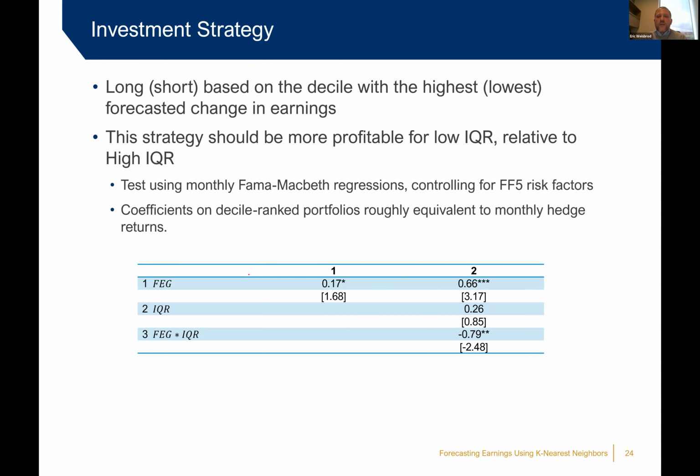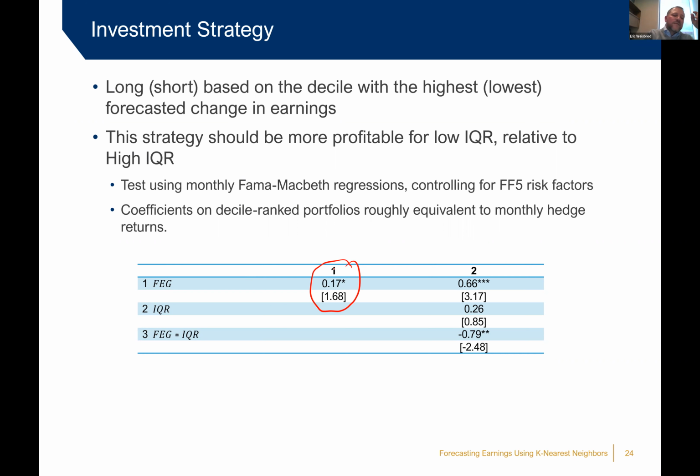First, we do a basic Ball and Brown type of idea, except forward looking. If we could predict ex ante which firms are going to have the largest increases in earnings and buy those, and then sell the firms that are expected to have the largest decreases in earnings over the next year, just doing that on its own, we can get marginally significant abnormal returns.